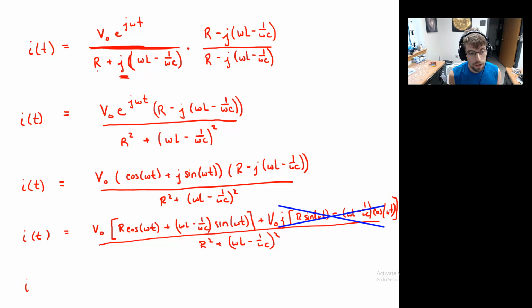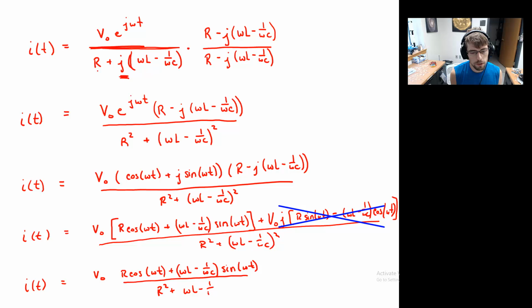And so I of t is equal to V naught times R cosine of omega t plus omega L minus 1 over omega C sine of omega t, all divided by R squared plus omega L minus 1 over omega C, squared. Ta-da!